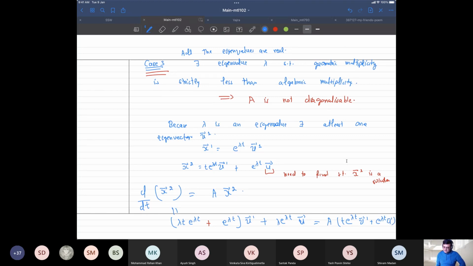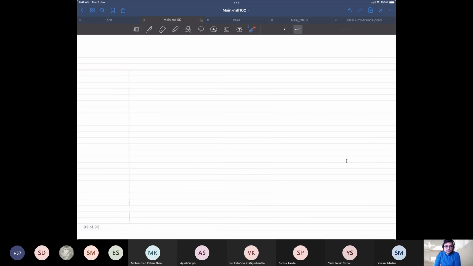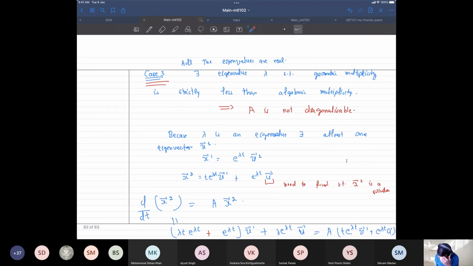On the other side we have A multiplied with t e^{lambda t} v1 plus e^{lambda t} u. This is the equality I want, and with this I will get a condition on u. We use two facts. Here you will see immediately that, let's see one by one.